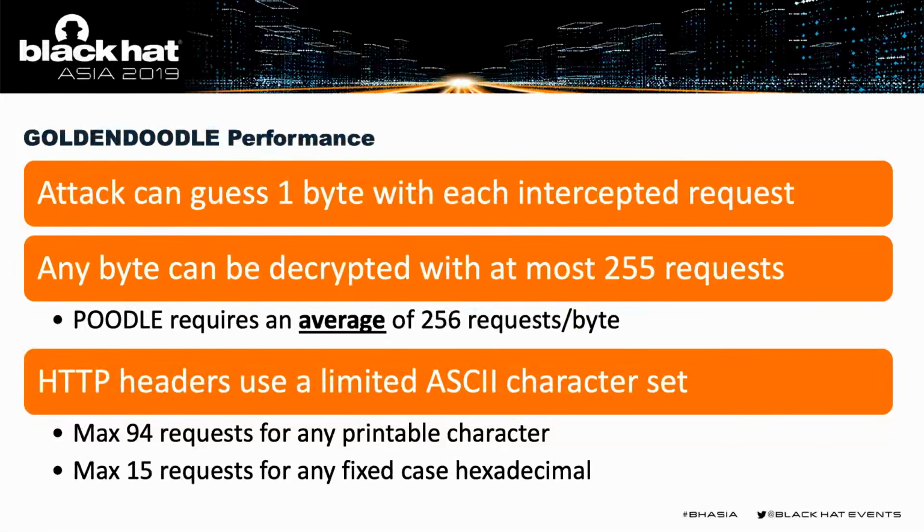And there's also other interesting cases, like this Cisco ASA, for example. The web VPN mode on it uses a hexadecimal session ID, all with lowercase, I think it is, letters. So in that case, you're talking about 15 requests for each byte that you're trying to decrypt.